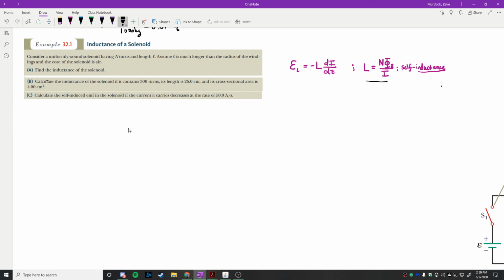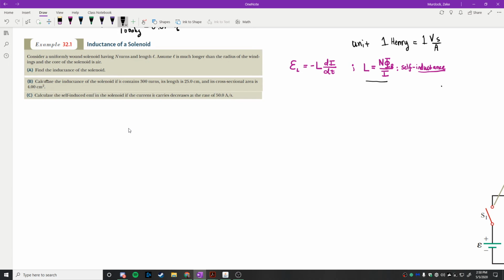Oh, I forgot to mention, the unit is the Henry. I think it's volt seconds divided by amps. Yeah.